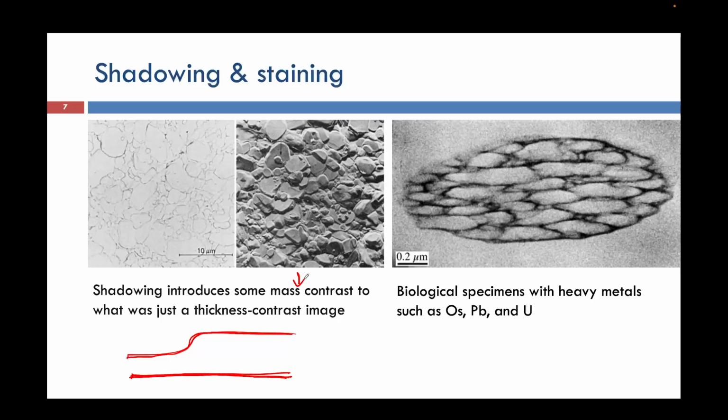We put either some platinum or some gold on our sample, right? When we put some spray or small powder particles on our sample, then due to the mass contrast introduced on top of the thickness contrast, we can clearly see the image, and you can see the result of that on the left side of the figure.